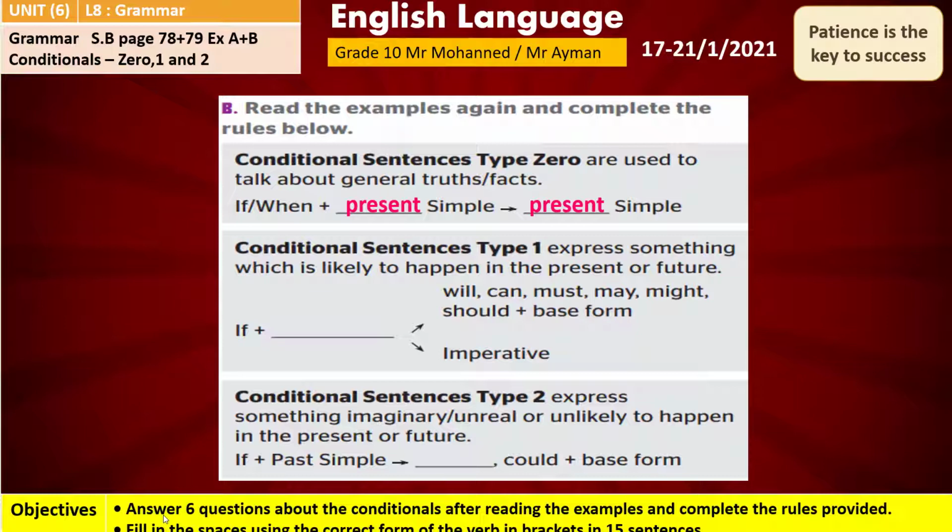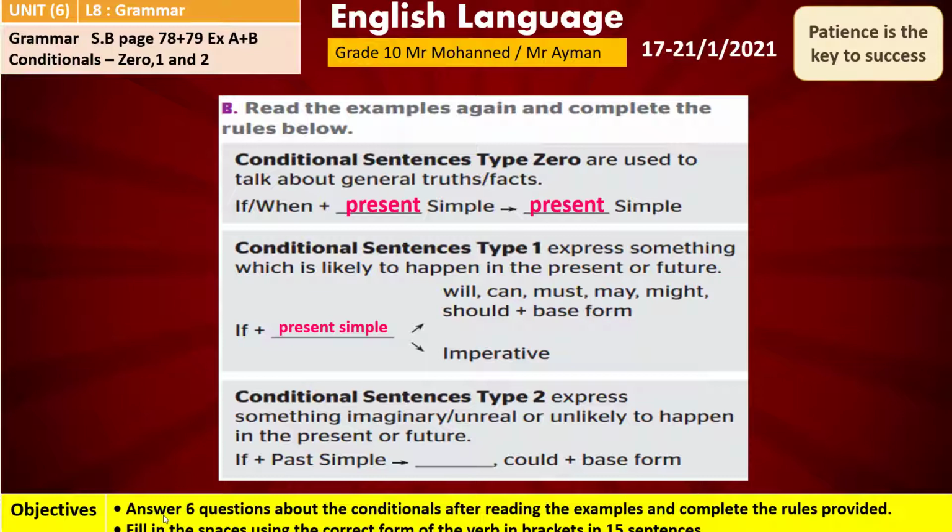Conditional sentences type 1 expresses something which is likely to happen in the present or the future. If in the beginning, present simple, and the main clause can include will, can, must, may, might, should, plus the base form of the verb, or imperative.